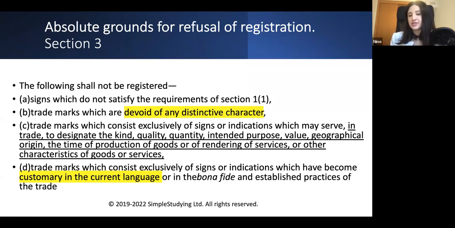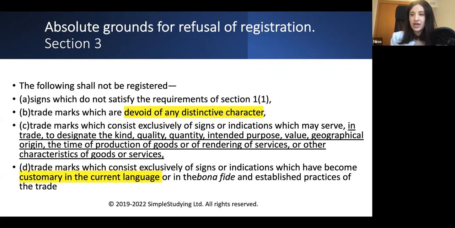And trademarks which consist exclusively of signs or indications which have become customary in the current language. So these are the exceptions. If the trademark falls under any of these exceptions, then it cannot be registered.